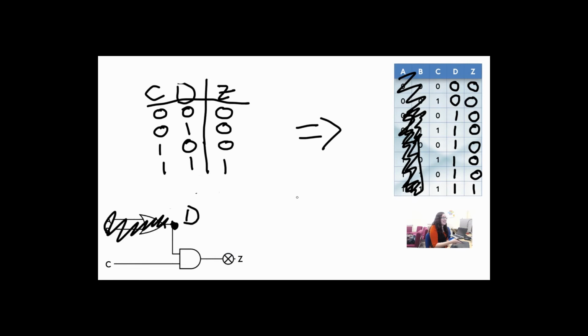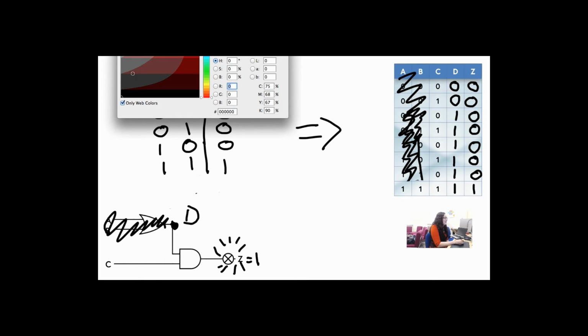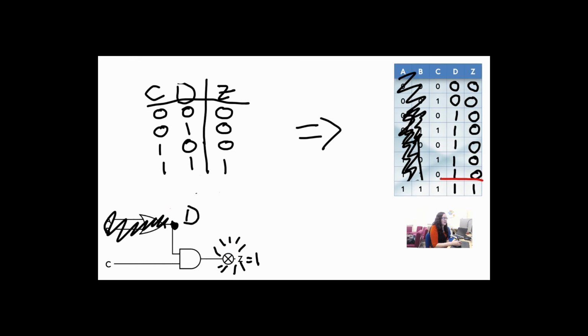Well, it essentially means that we only get the lamp lighting up in the final condition when Z is equal to 1. And what you can see is, I'm going to delete that bit so we can see, the only condition where Z is 1, I'm going to change colour, so bear with me. Okay, this situation down here, okay?